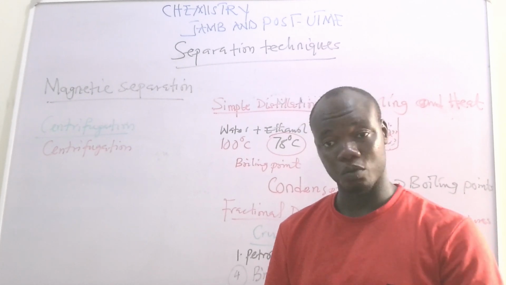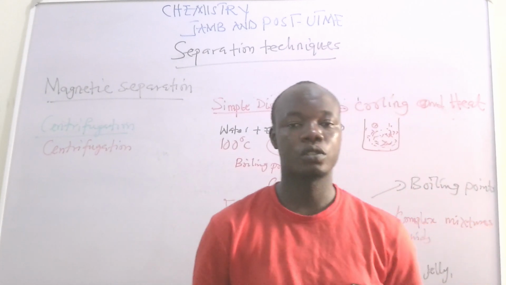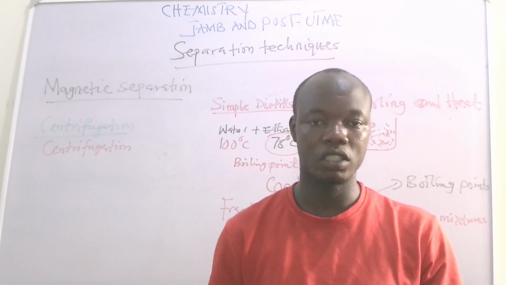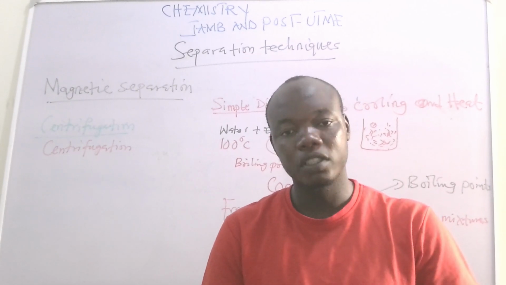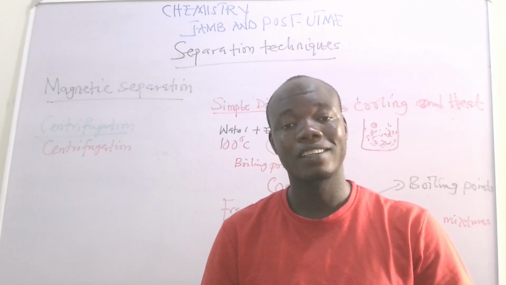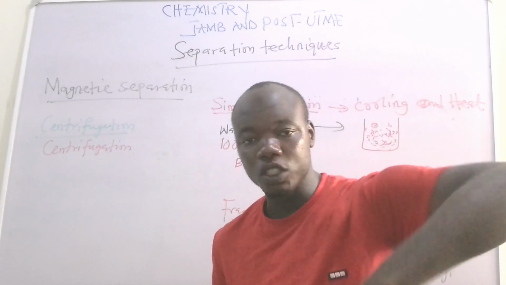So centrifugation separates particles from a concentrated liquid based on their shape, gravity, and rotor speeds. And it's based on the rotation.